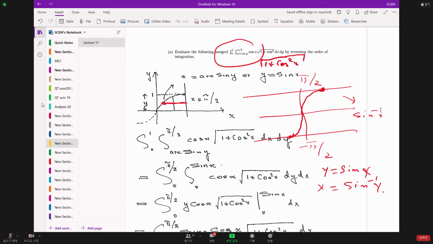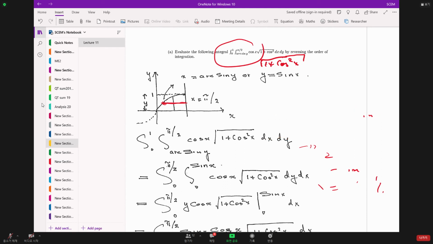Now what you do is you reverse the order of integration. In this given integral, your y changes from 0 to 1, whereas your x changes from arc sine y to pi by 2.